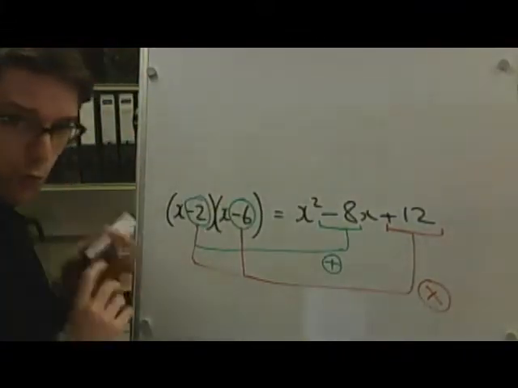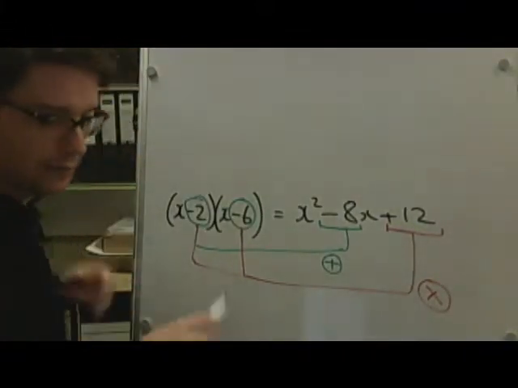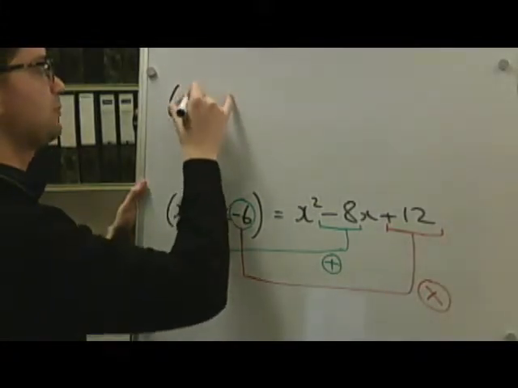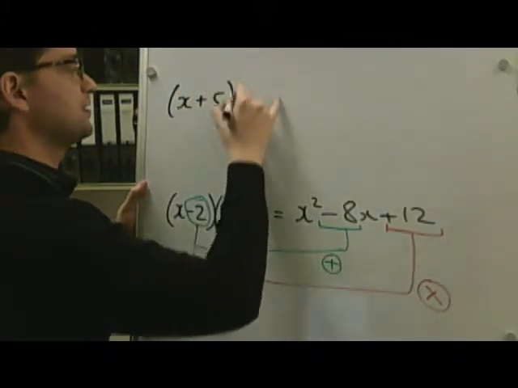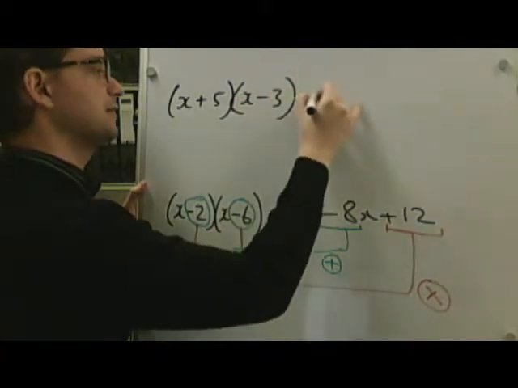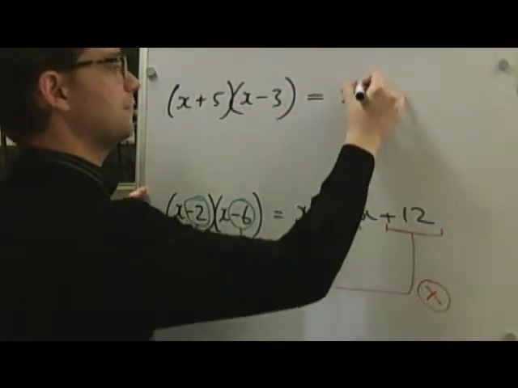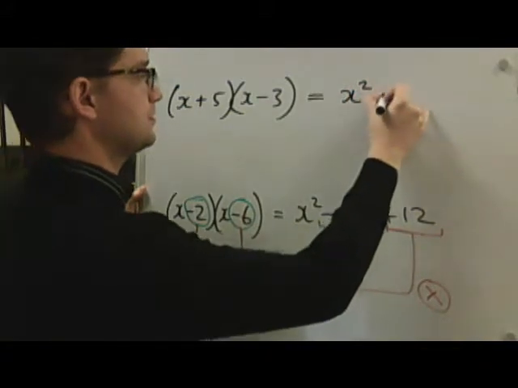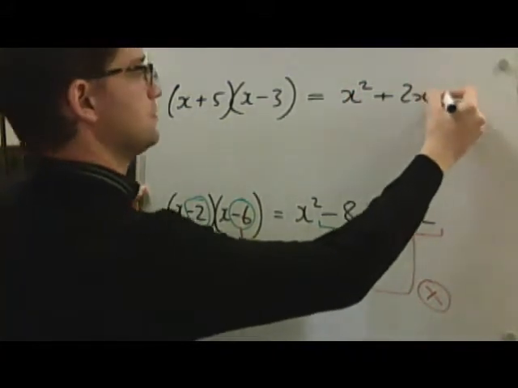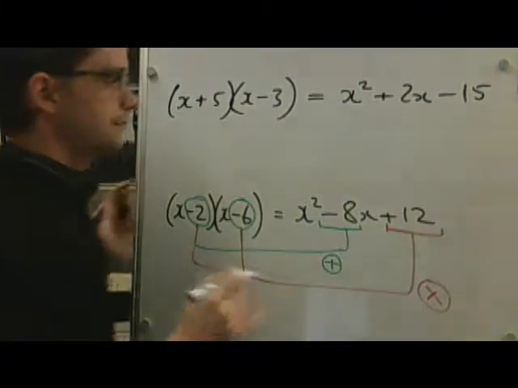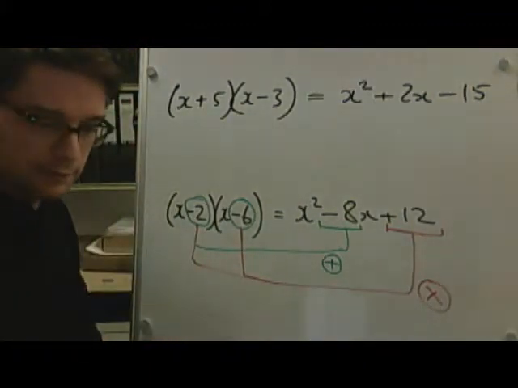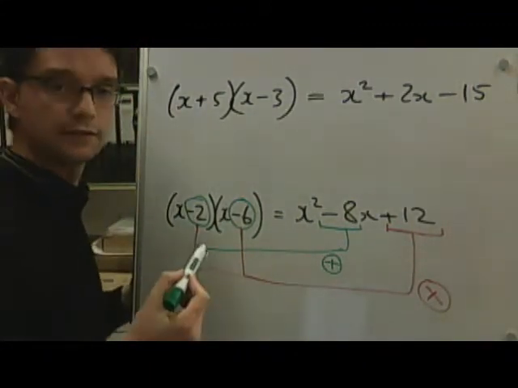Just looking at what happens when we multiply out pairs of brackets. So what happens when we multiply out x plus 5 and x minus 3? I think the answer to this is x squared plus 2x minus 15.